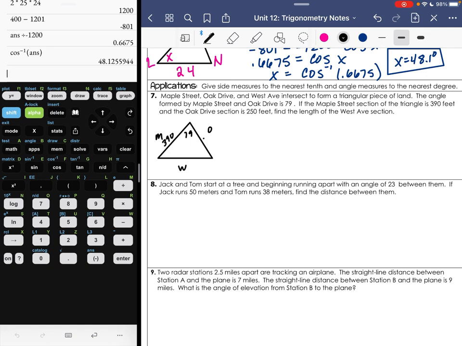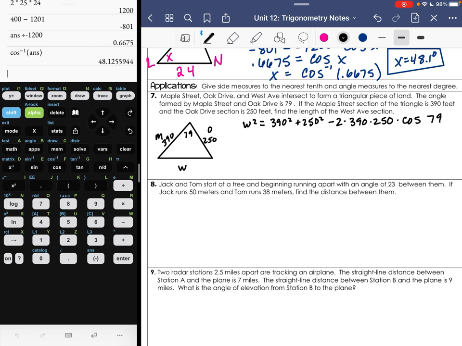Oak Street is 250. What is the length of West Avenue? Okay, so that means that we're going to have W squared equals 390 squared plus 250 squared minus 2 times 390 times 250 times the cosine of 79.